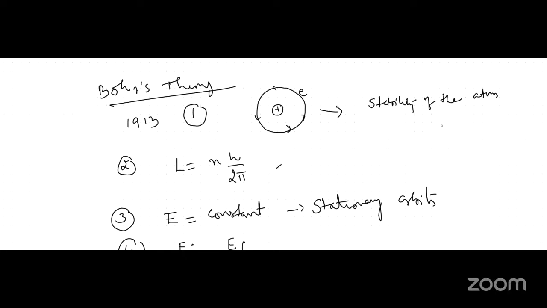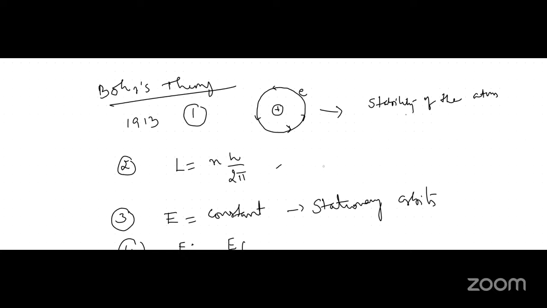As we said, the nucleus is positively charged and the electron is negatively charged, so whenever the electron revolves around the nucleus there will be attraction between the positive and negative charges. Whenever they attract each other, the atom should collapse, but it is not happening. It obeys some Coulomb's forces and keeps revolving around the nucleus. That's why the first proposal given by Niels Bohr tells us about the stability of the atom.